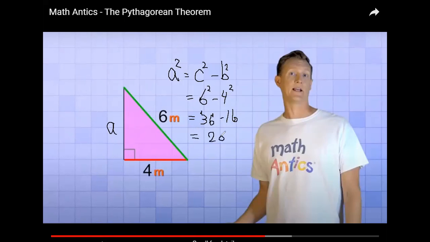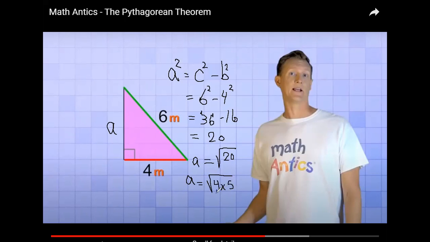Then how will we find the value of A now? The value of A will be what? Square root 20. Okay, then A equals, if I want to answer this question without using a calculator, we are going to search for a perfect square number which we have a root for, then 4 times 5.